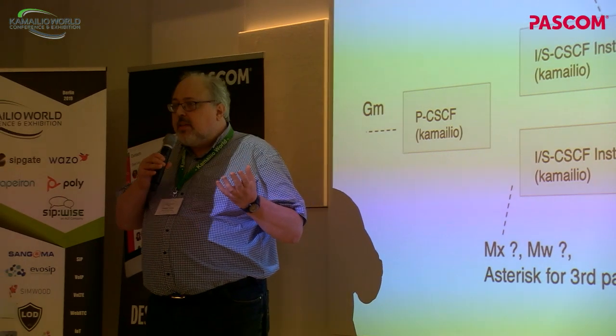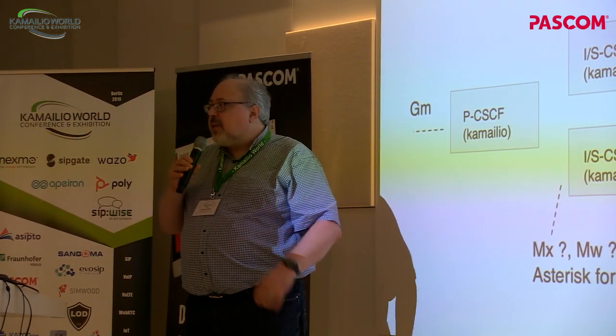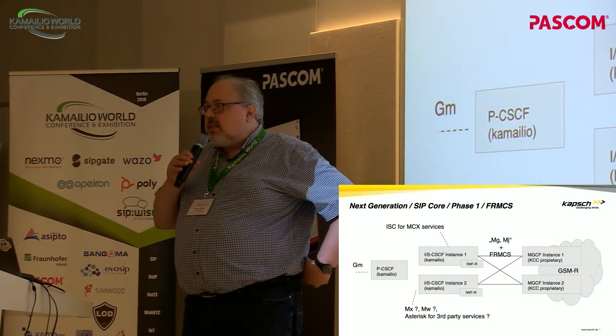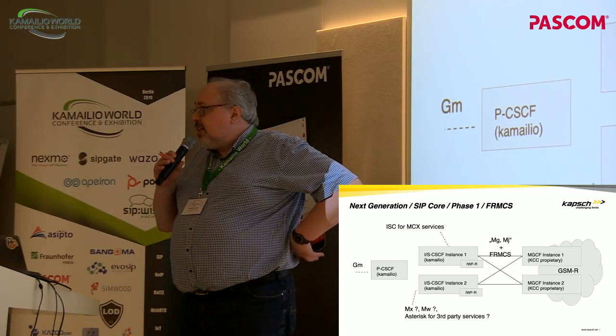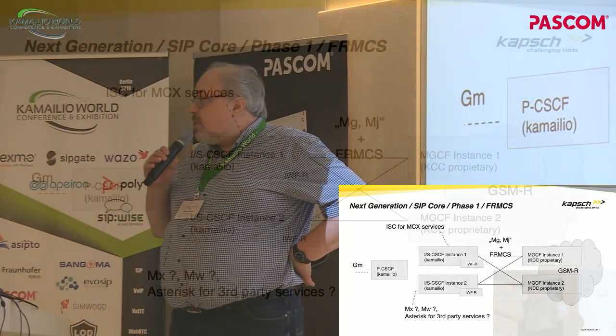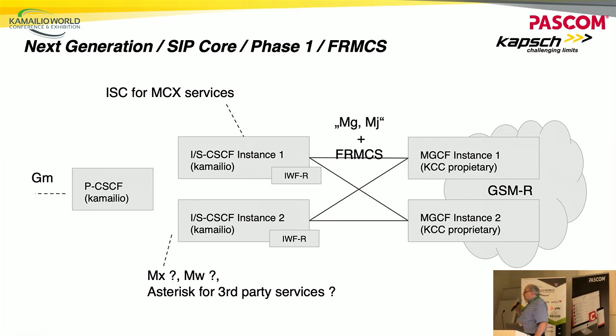Push-to-talk, for example, are services which are considered by our customers something like a closed system. And our customers, we are feeling, they want open systems. So we think to make this open here, to add space for third-party services, for example, with Asterisk over the Mx or the Mw interface. And that's it.